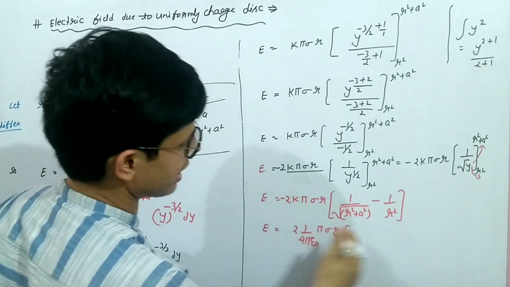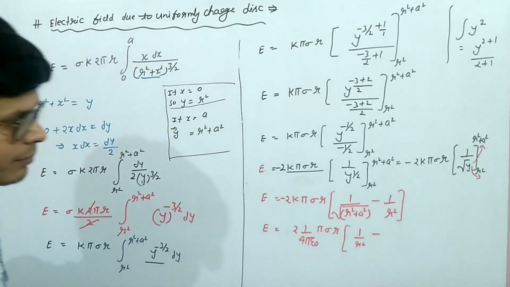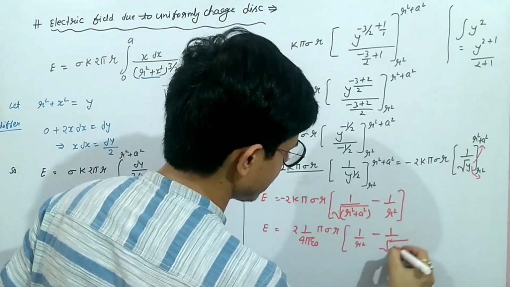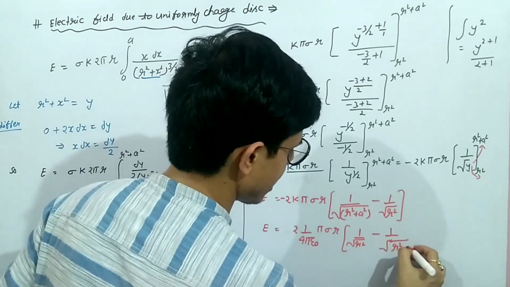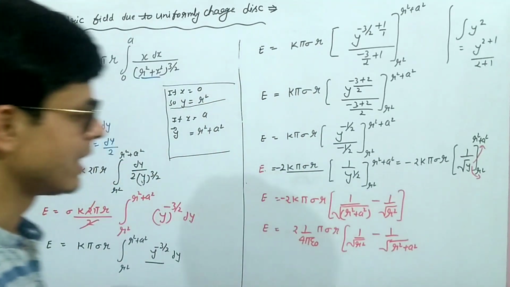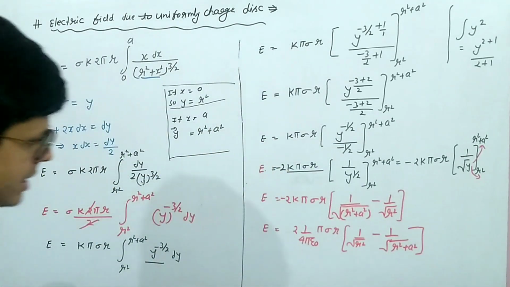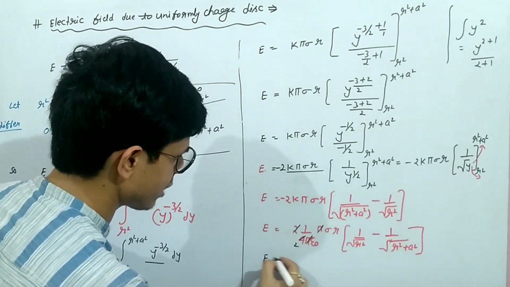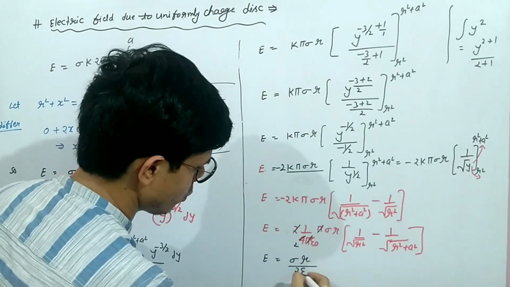Taking the minus inside, what will happen? 1 upon r minus 1 upon root of r square plus a square. Here under root r square will come. At the place of y you have to put the values. Is it clear? Now solve it. Cancel out whatever can. The 2 pi and pi cancel out, so it is coming sigma upon 2 epsilon naught times r.